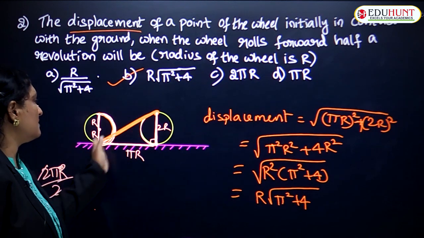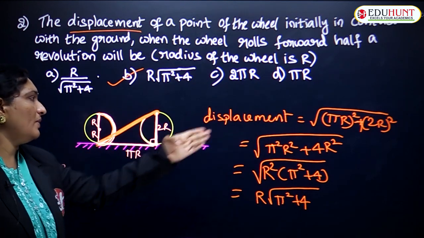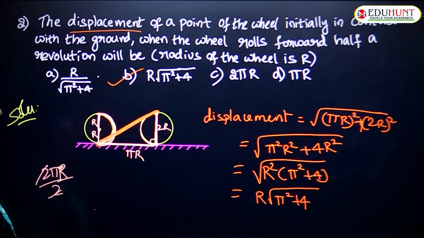Hence the length from initial to final position is root over pi R whole square plus 2R whole square. After simplification, the displacement of the point of contact is R root over pi square plus 4. Okay children.